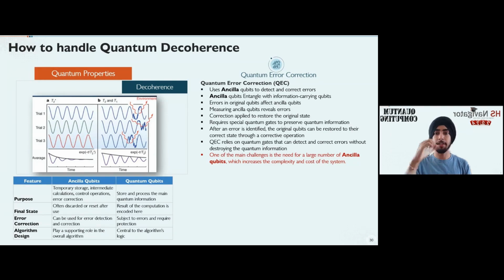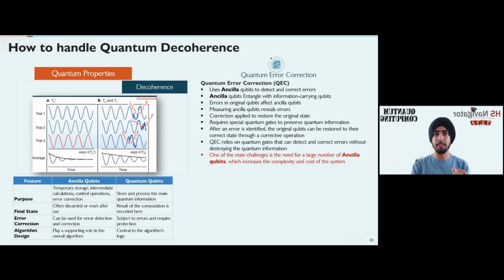And we can also apply corrections to ancilla qubits since they are entangled, to restore the original state of the information-carrying qubit. So using this separate ancilla qubit, what we're able to do is identify errors and restore our original qubits to their correct state through corrective operations.